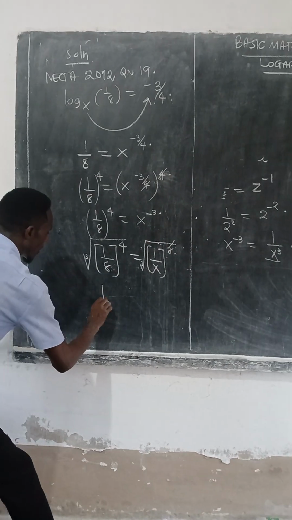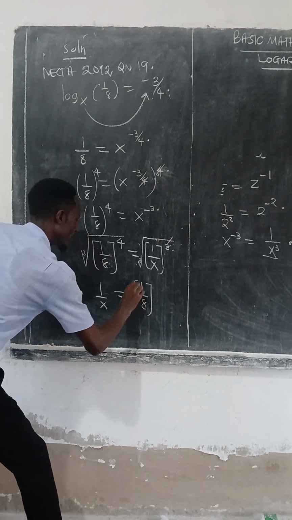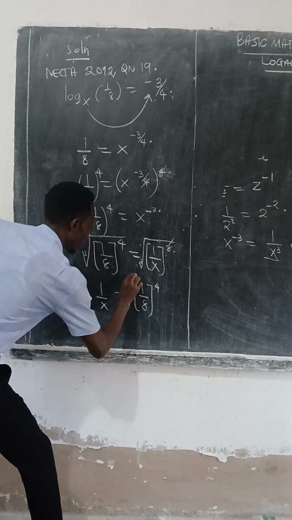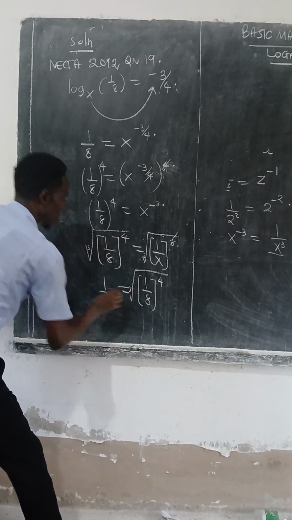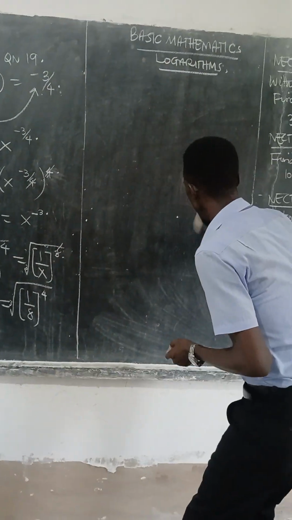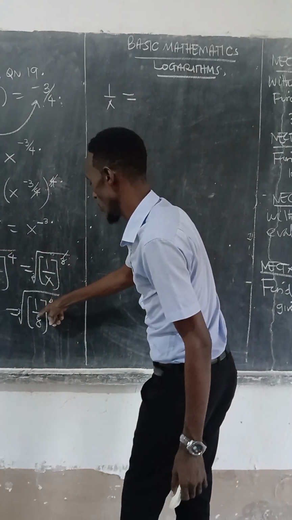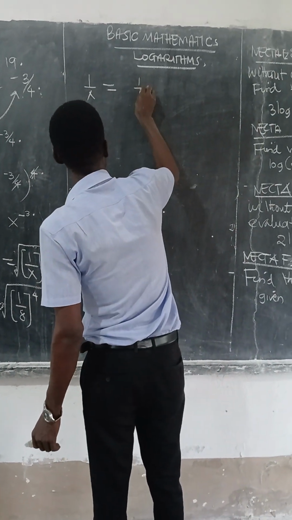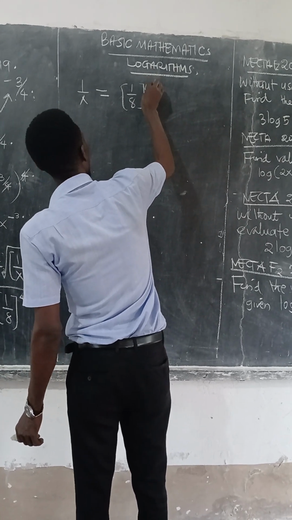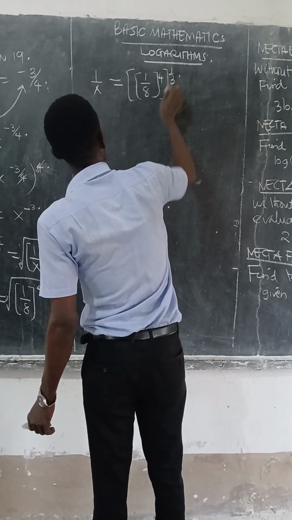So you get 1 over x equal to 1 over 8 to the 4, then cube root, which is the exponent 1 over 3. So you get 1 over x equal to 1 over 8 to the exponent 4, times 1 over 3.